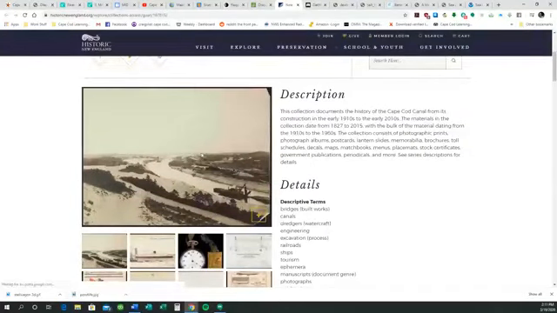This is one of the better pictures that I could find. This is when they were building the Cape Cod Canal, and this is in the early 1900s. So some trees have started to grow back, but you can see that there are no trees whatsoever of any size growing.